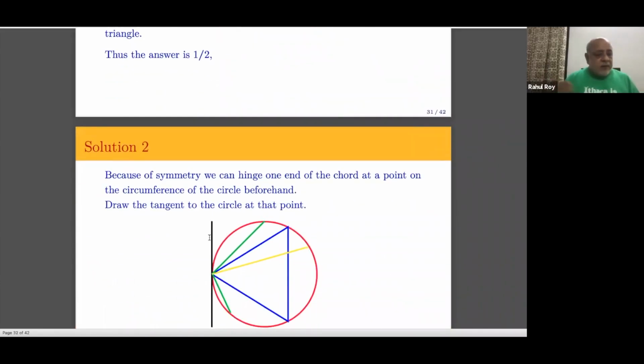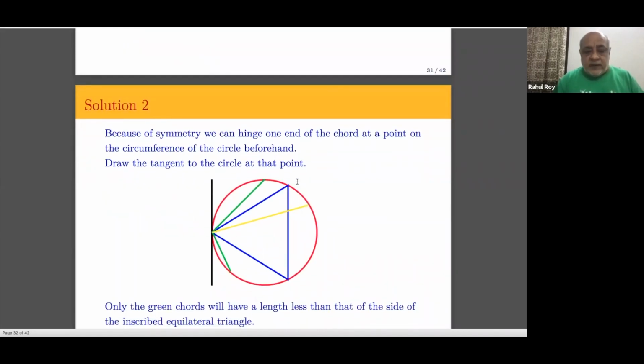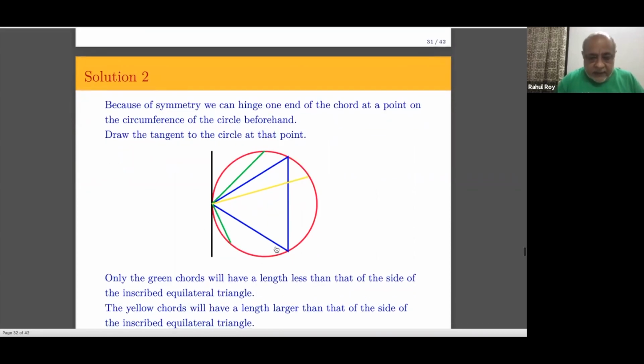Second solution: now let us look at it another way. Because of the symmetry, we can hinge one end of the chord at a point on the circumference of the circle beforehand. So we hinge the chord here. And this black line is the tangent at the point where we hinge the chord. We also draw the inscribed equilateral triangle in this fashion, so one of the vertices is at this hinge, and the other two are placed accordingly.